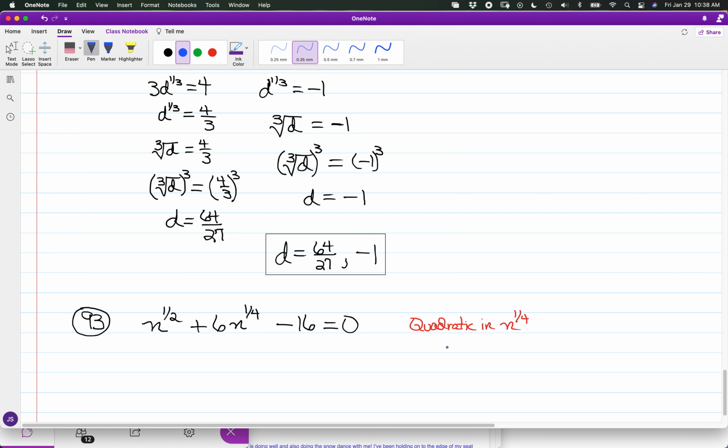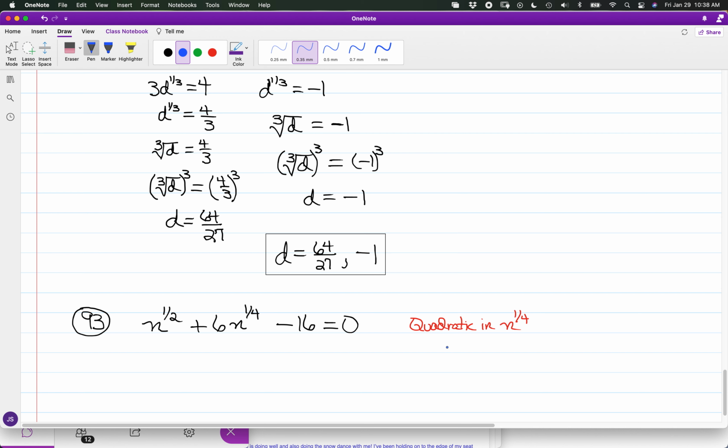And so for the setup, with the zero product property, I set the factors each to 0. For n to the 1/4 plus 8 equal to 0, if I isolate n to the 1/4, I have n to the 1/4 equal to -8.